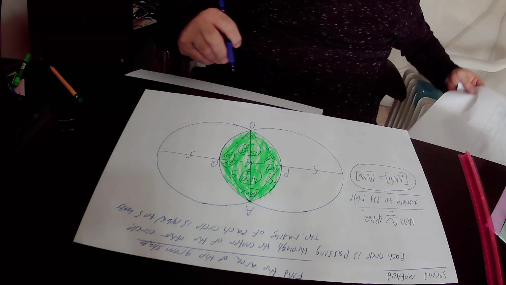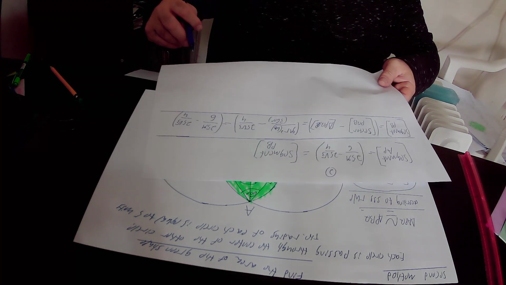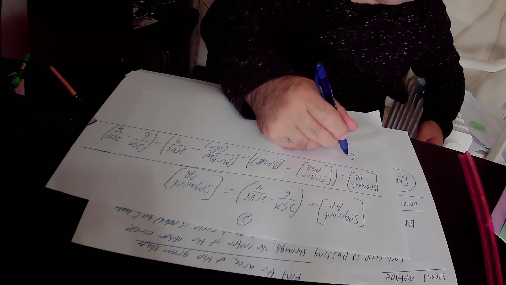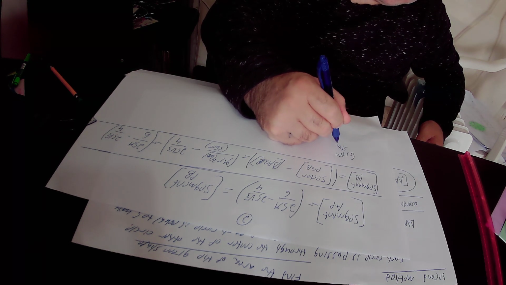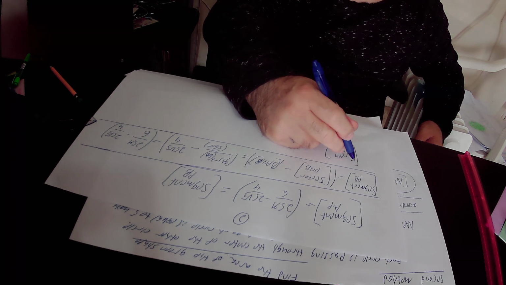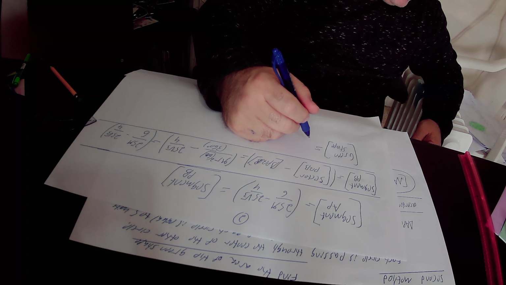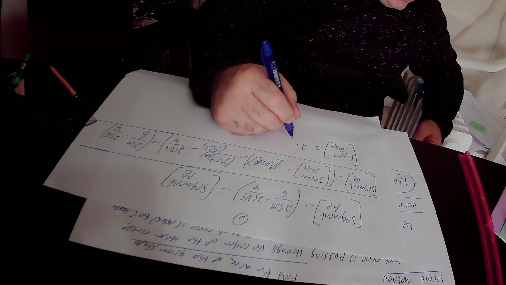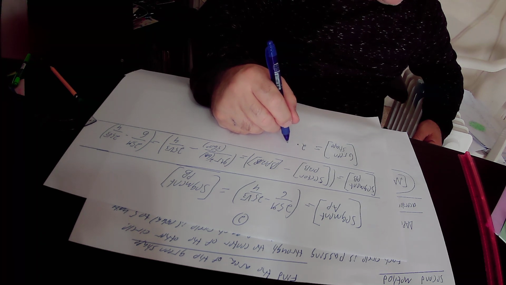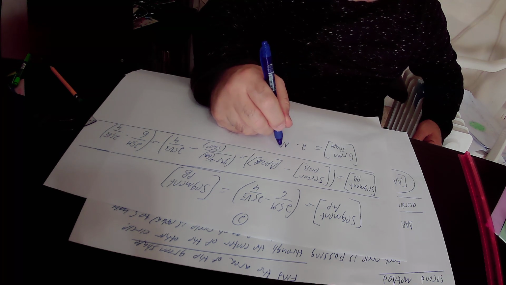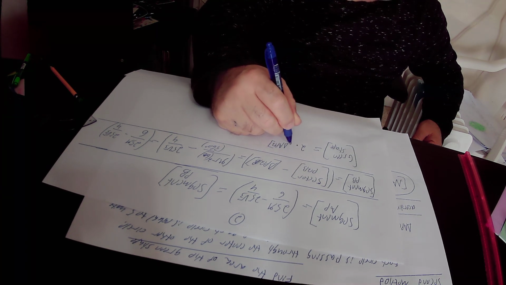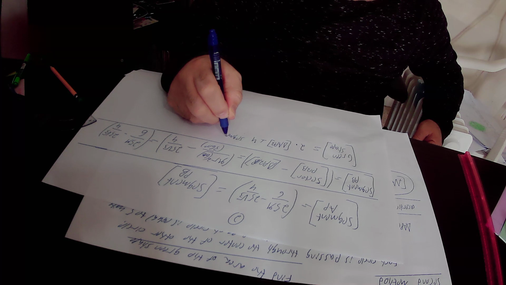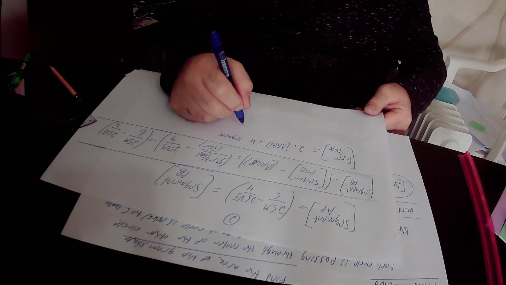So therefore we conclude that the area of the green shape is equal to 2 times the area of triangle APQ plus 4 times the area of segment AP.